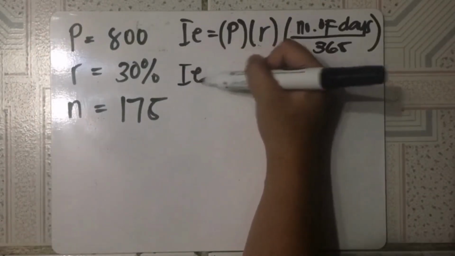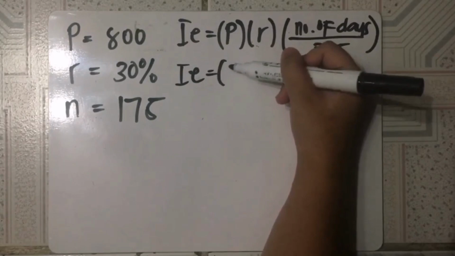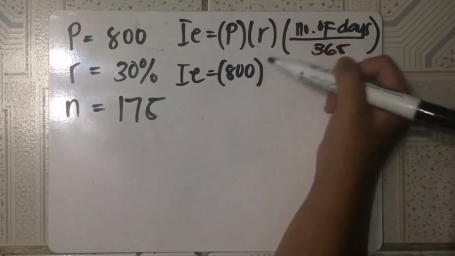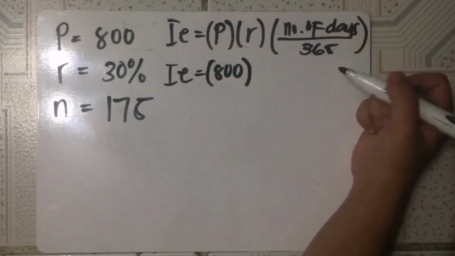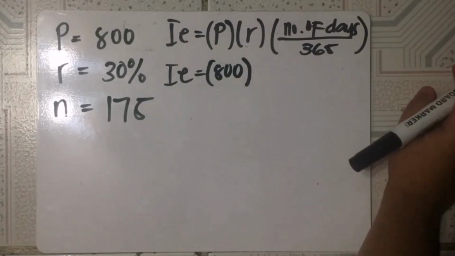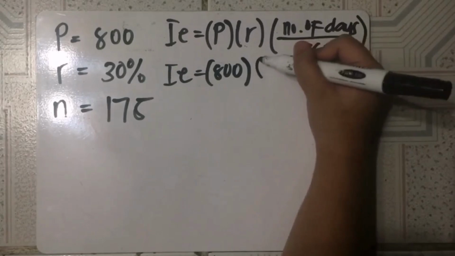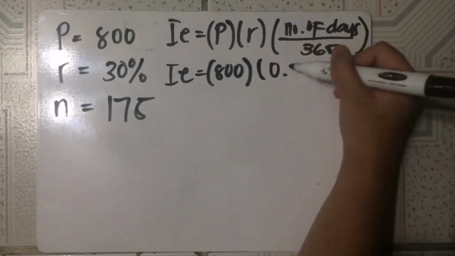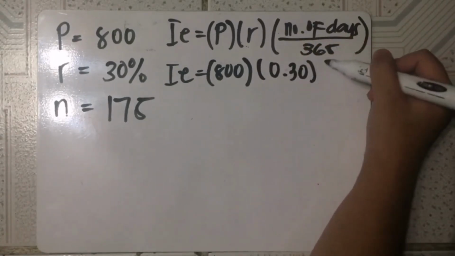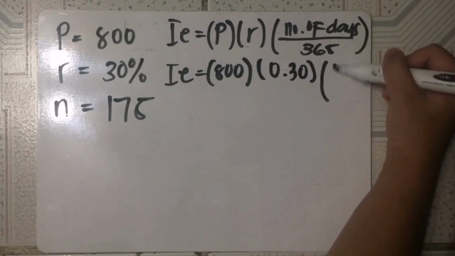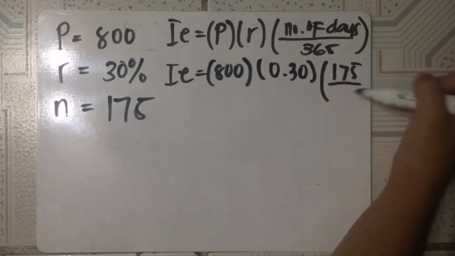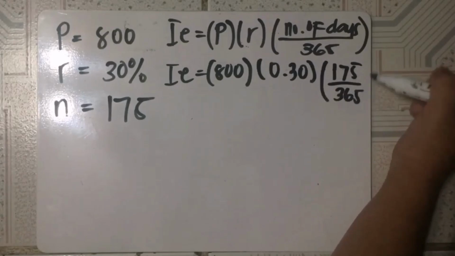Exact interest is equal to 800. So, dahil nga 30% siya, we will convert it in decimal. So, magiging 0.30 times 175 days over 365.